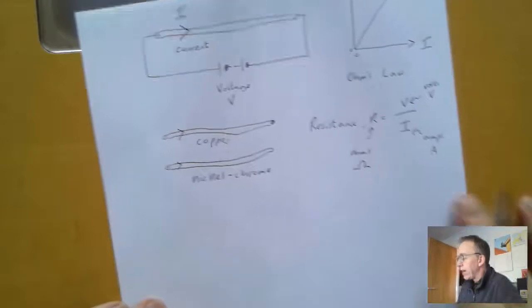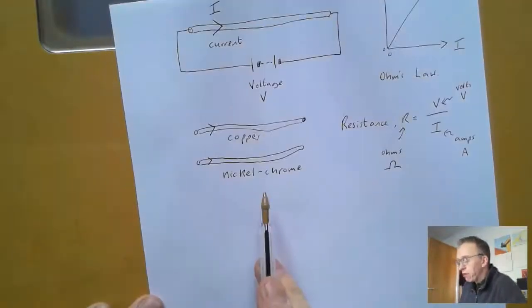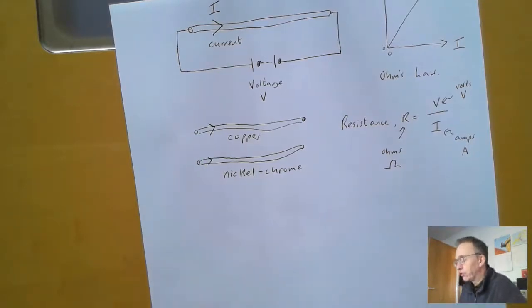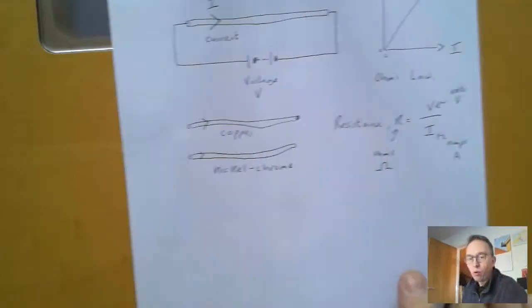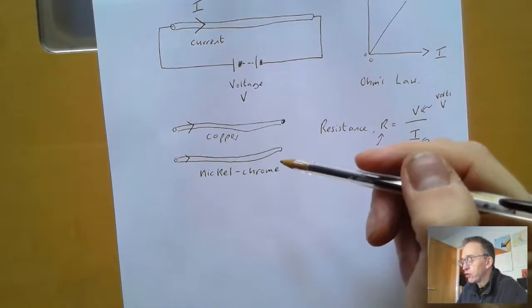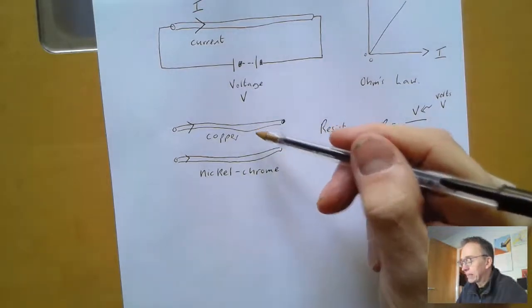Now, why should it be that nickel chrome has a greater resistance than copper? Why does it let through less current? Well, we can explain that because of what we know about the structure of metals.